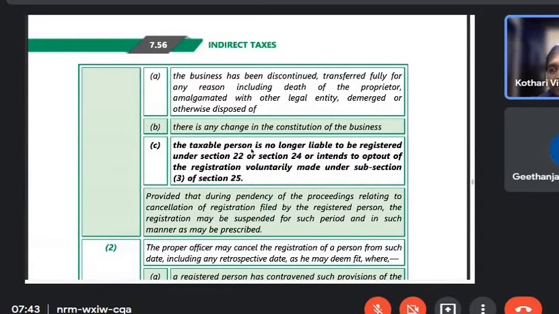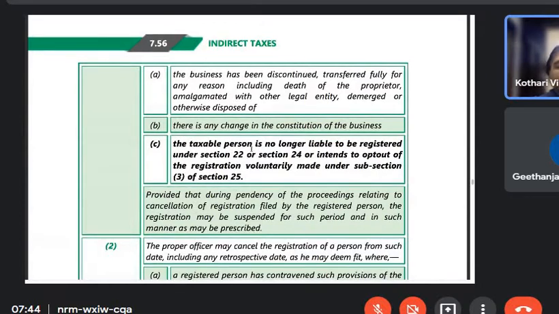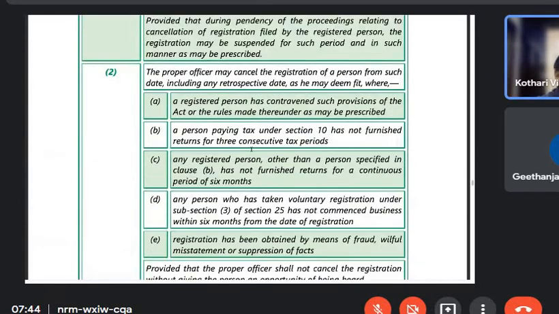So when can the proper officer cancel the GST registration? The proper officer can cancel the GST registration in two ways, either from the current date or from a retrospective date. So what are the 5 situations under which the proper officer has the power to cancel?